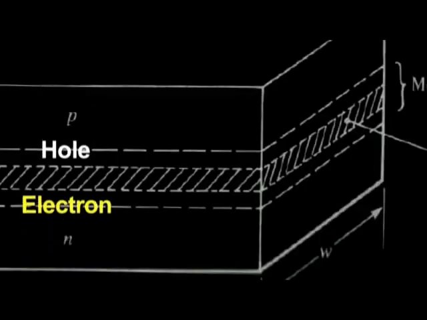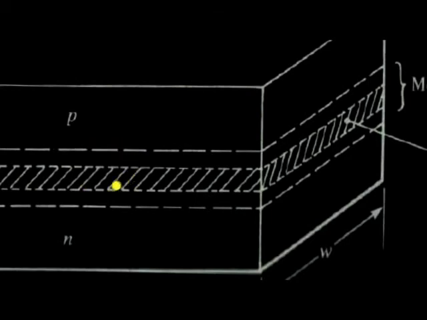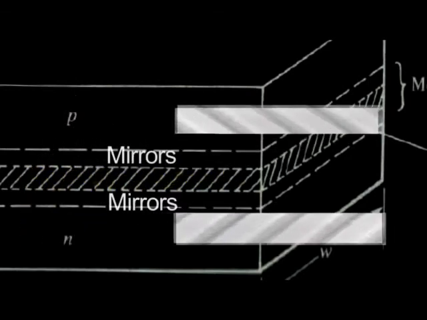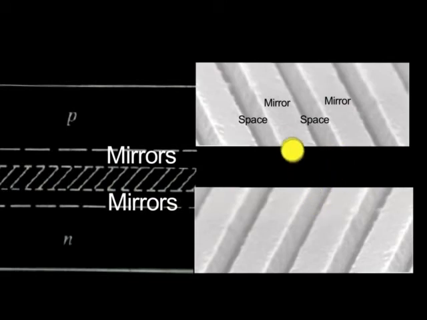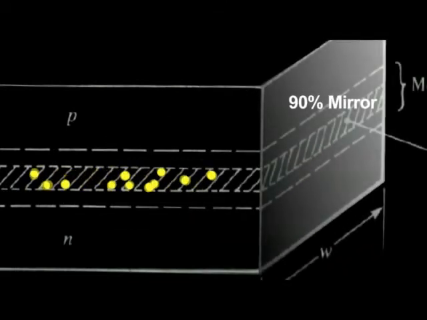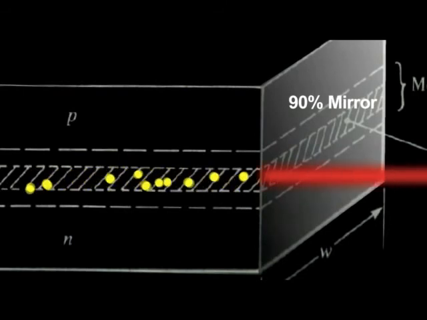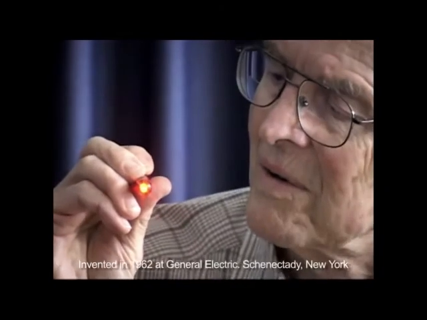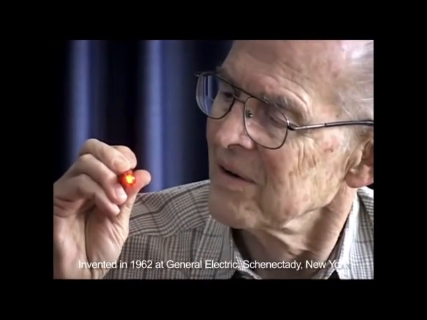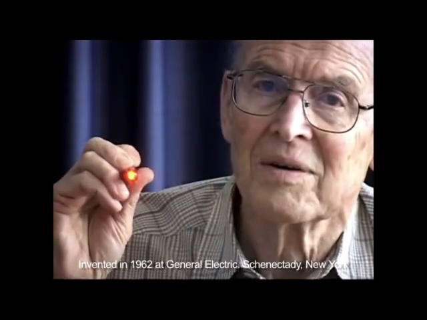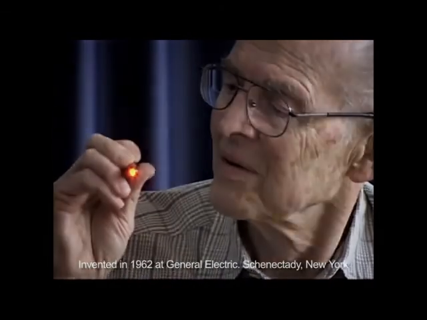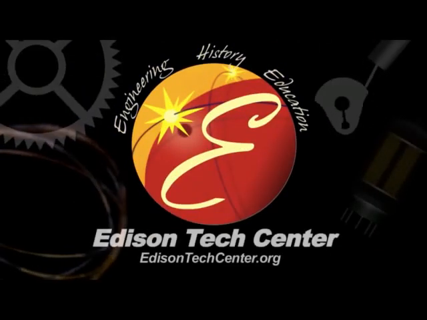And these recombine and produce light, which is bounced back and forth between the mirrors, and that inspires more electrons and holes to recombine and singles out, instead of a broad spectrum beam of light, it concentrates at a single frequency, and all the light comes out in a very intense collimated beam.